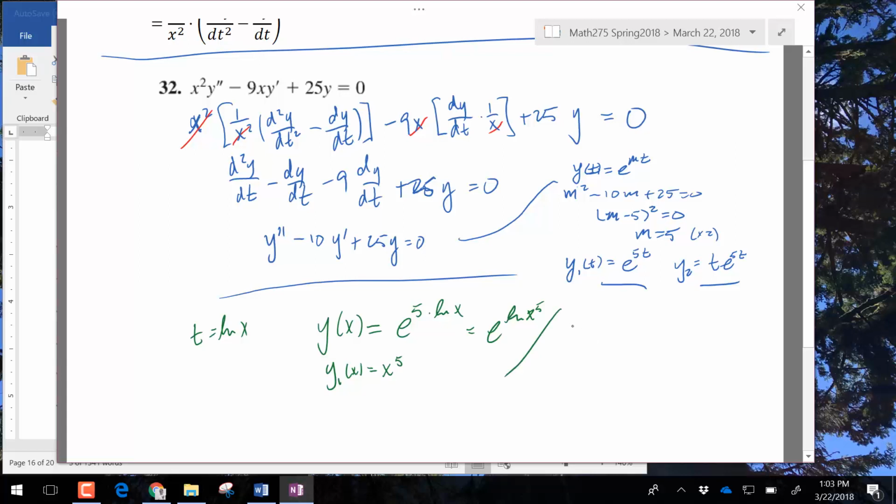And then the same thing with y2. It's t, which is ln of x, and then e to the 5 ln of x. So y2 would be ln x times x to the 5th.